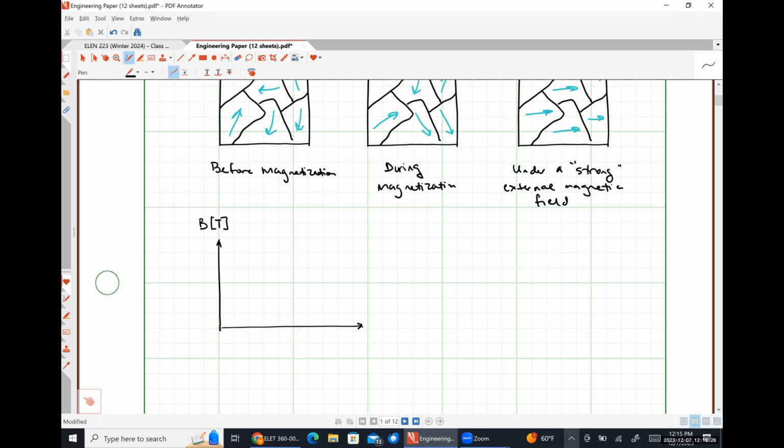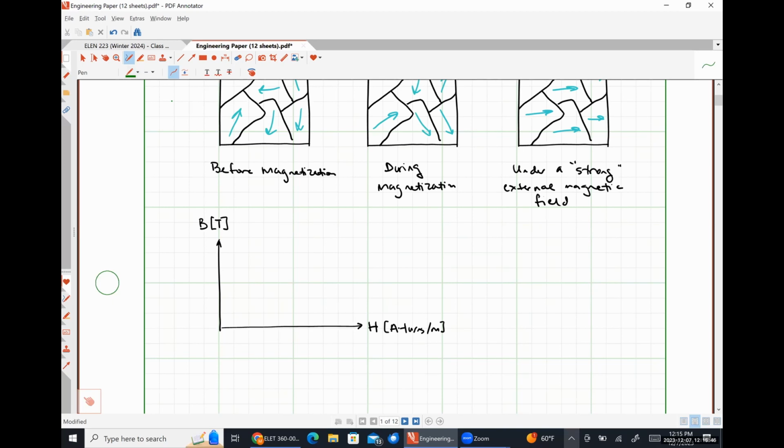And on the x-axis, we are going to have our magnetic field strength, H, measured in amp turns per meter. Okay.